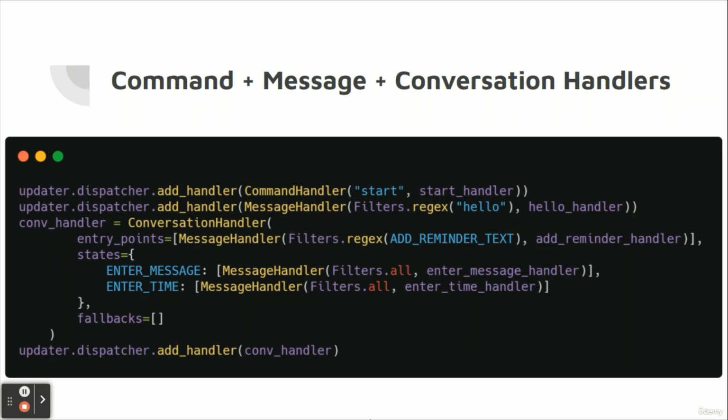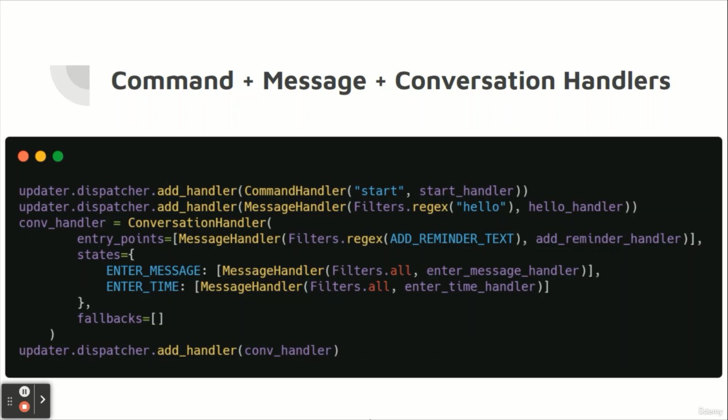The third collection, list named fallbacks, is used if user is currently in conversation but the state has no associated handler. You could use this for cancel command or let the user know that his message was not recognized. To change the state of conversation, the callback function of handler must return the new state after responding to the user.